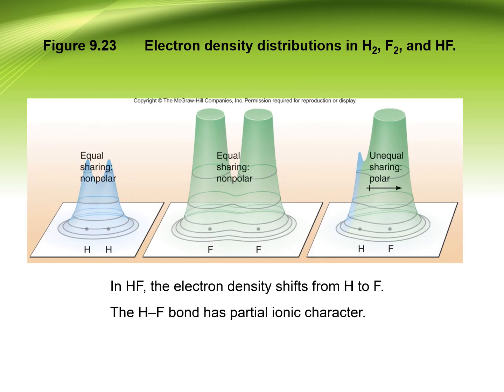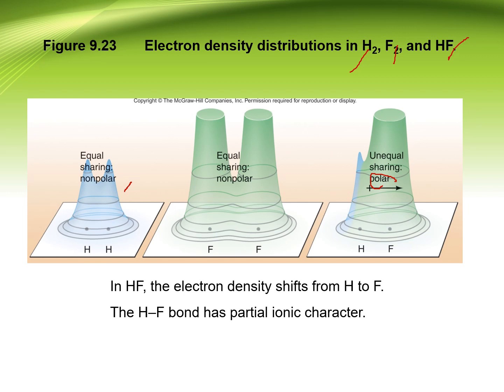Okay, here you can see the electron density distribution in H2, F2 and HF. As you can see here, the electron is equally shared in a non-polar bond, but unequally shared in a polar bond.